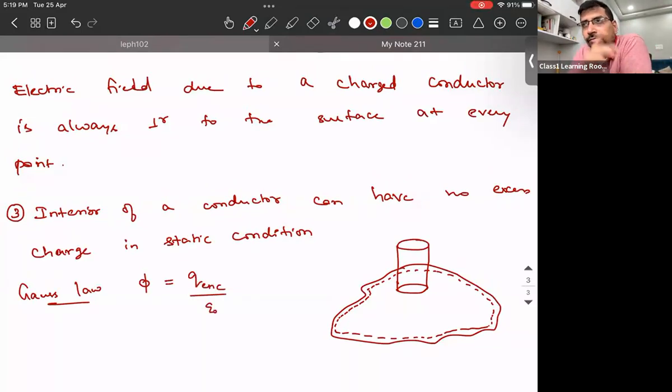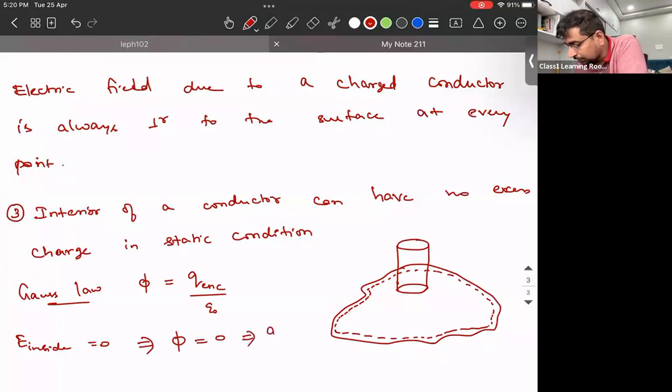But if you observe, for a conductor, what is the first point that we told? We told that the electric field inside a conductor is going to be 0. When the electric field inside a conductor is 0, can I conclude that the flux inside is also 0? So then the charge enclosed is also going to be equal to 0. When the charge enclosed by the Gaussian surface, which was considered just below the surface of the conductor, is 0, it clearly indicates that whatever excess charge we are giving is supposed to go and sit on the surface of the conductor.